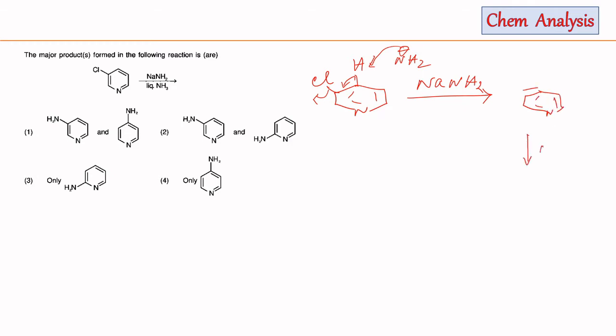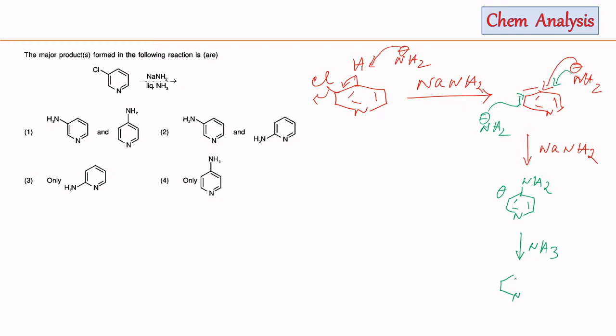Now this benzyne will further react with sodium amide. The amide NH2 minus can attack at this carbon. Similarly, it can also attack on this carbon. If the amide attacks at this carbon, the generated anion will be this one, and it will further abstract one proton from liquid ammonia to form the final product.